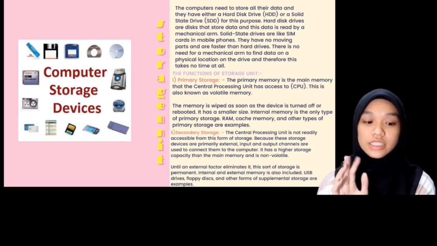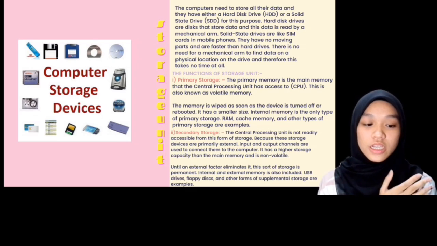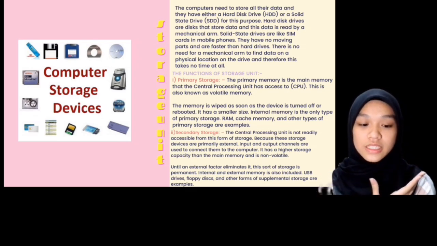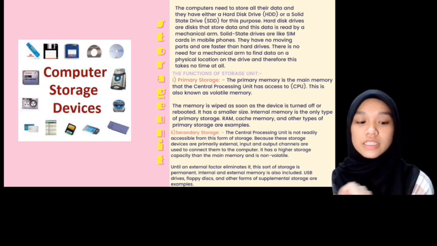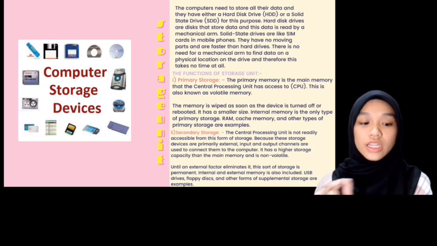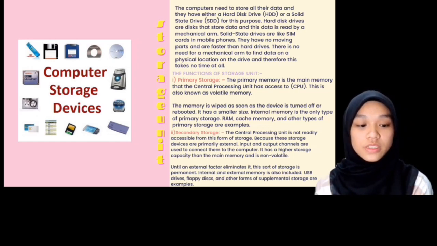Secondary storage. The central processing unit cannot readily access this form of storage because the storage devices are primarily external. Input and output channels are used to connect them to the computer.